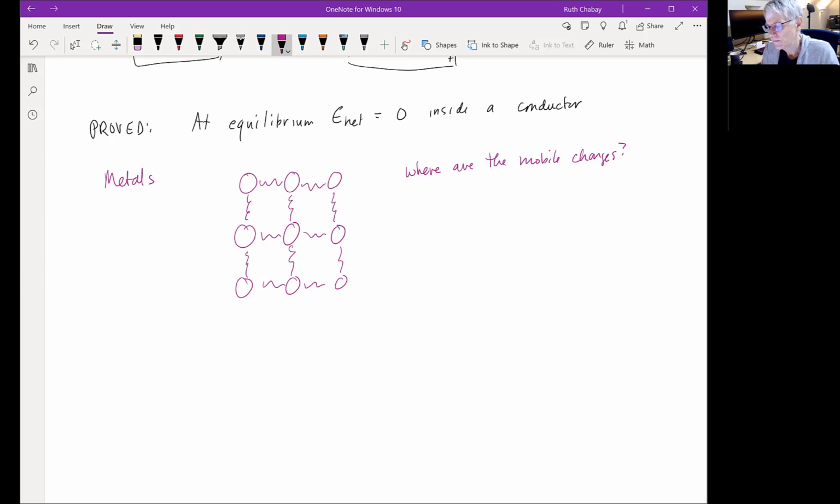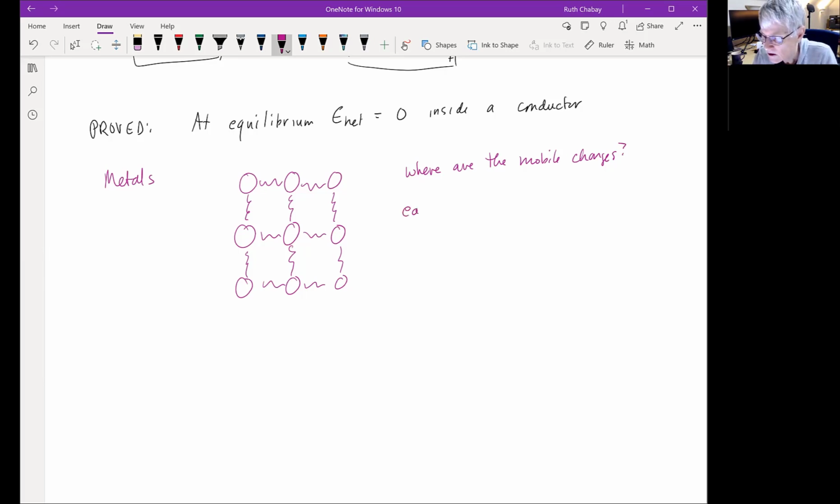Well, what actually happens in metals is pretty interesting. It turns out that a pretty good model of what happens in metals is that because there's so many metal nuclei, it behaves in a certain sense like a giant molecule.